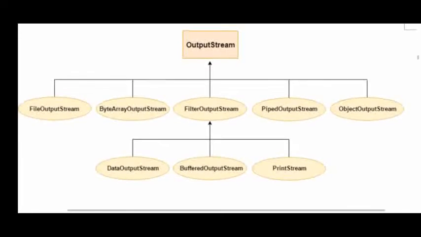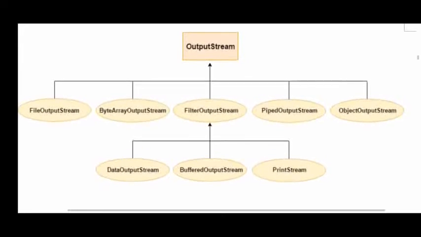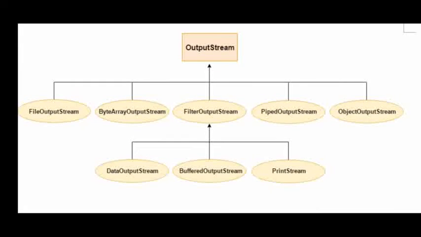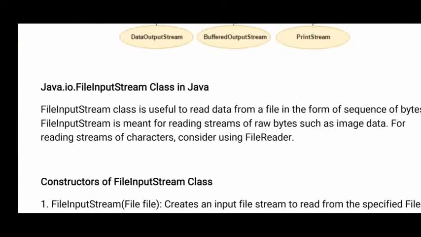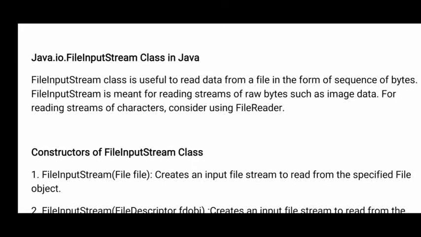You see data output stream, buffered, print stream, object, piped output stream, filter output stream, array output stream, and file output stream. Now here you can see Java IO file input stream classes in Java.